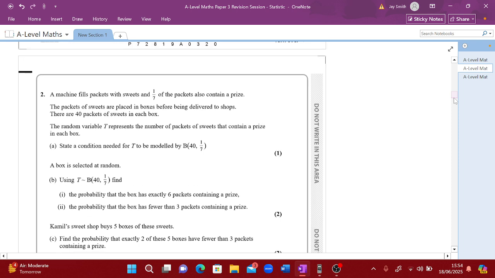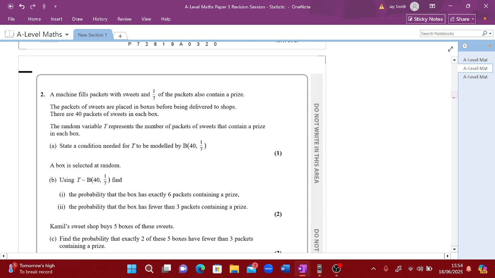Let's have a look. If we are modelling binomially, in general, you need a fixed number of trials. You need a probability of success. But you also need the events to be independent, which means picking a given sweet which has a prize, or not, they don't affect each other. Independent meaning all the sweets are random, that's the assumption.